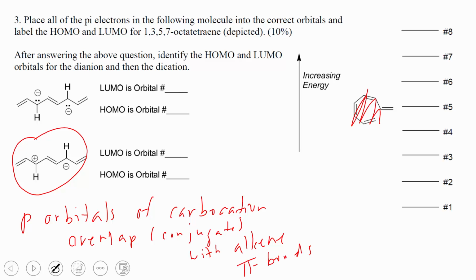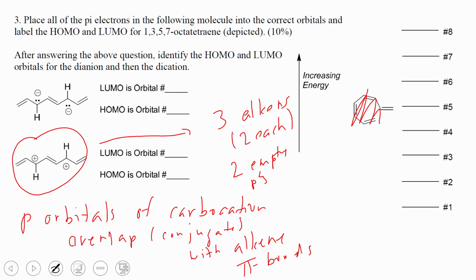If we look at this one, we have 3 alkenes. Each of those is going to contribute 2, and 2 empty p orbitals are obviously going to contribute 0, so our total here is 6 pi electrons.